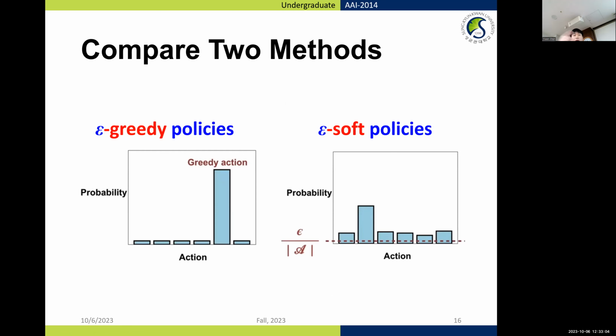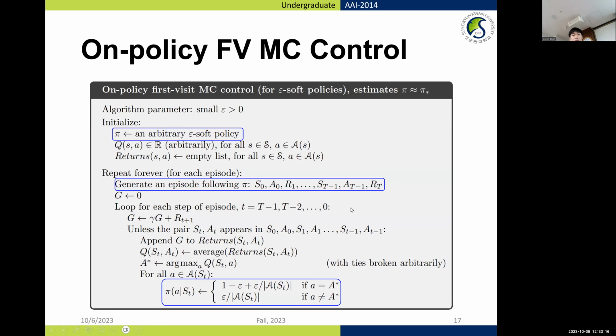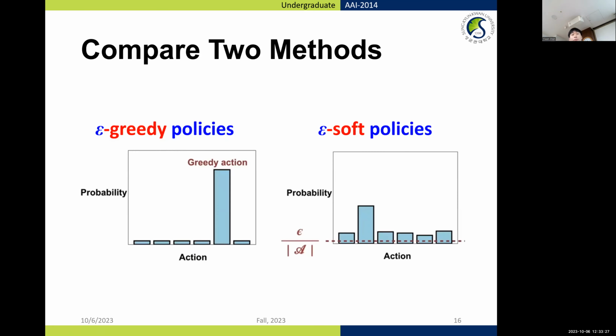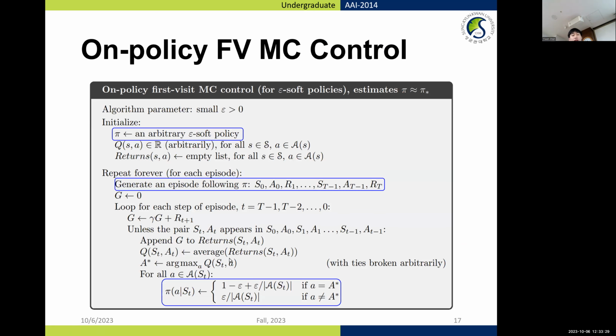So compare the two methods, epsilon greedy and epsilon soft. Yeah, this is how it looks in the algorithm. Now this is on-policy first-visit MC, the epsilon soft policy, right? This is the algorithm.